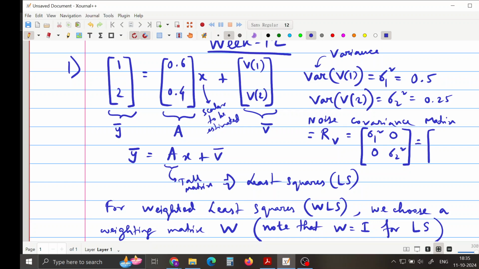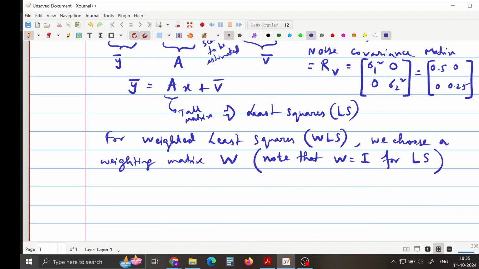Here sigma 1 squared is 0.5 and sigma 2 squared is 0.25. Now, as we have seen in the lectures, we choose the optimal weighting matrix W as the inverse of this noise covariance matrix.